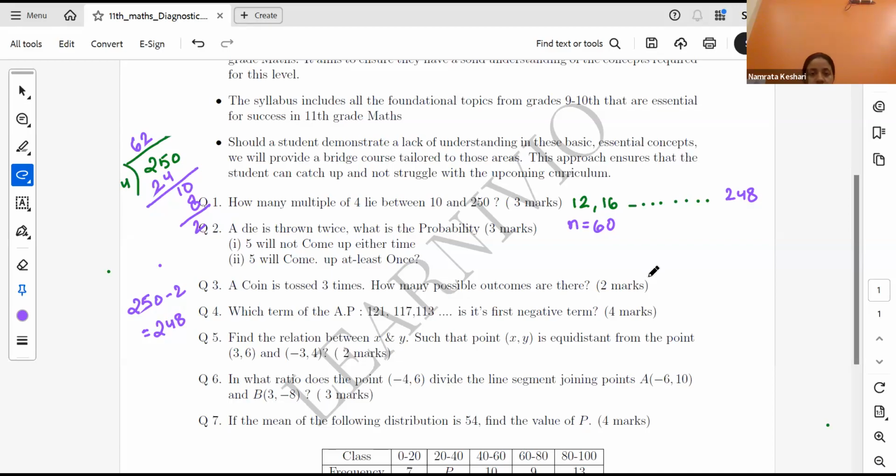30. What is the probability? 5 by 6. Okay.